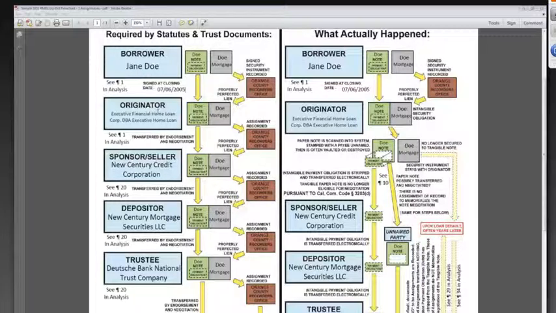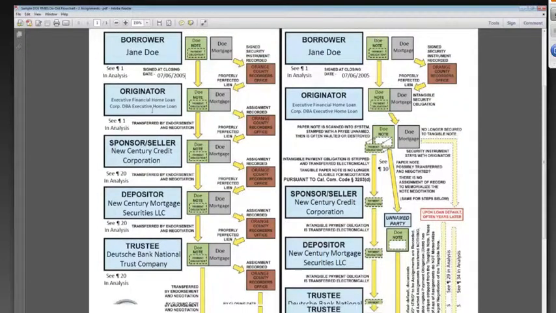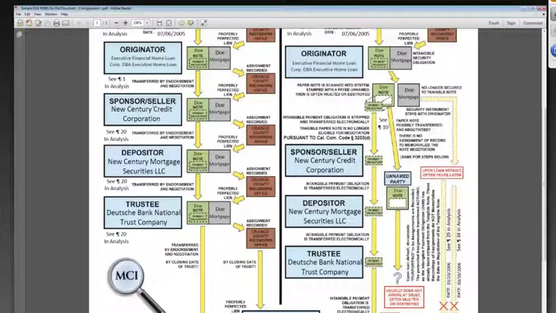All right, so then the originator says, I'm going to sell it. And when he does, for negotiation, transfer, and delivery to the sponsor seller, it was New Century Credit Corporation. At the same time, he had the mortgage, which went down into public record, where it was recorded, indexed, filed of record, properly perfected, sent, all right? Now, when the sponsor seller has it, they say, hey, you know what? I want to make money off this, I want to sell it.